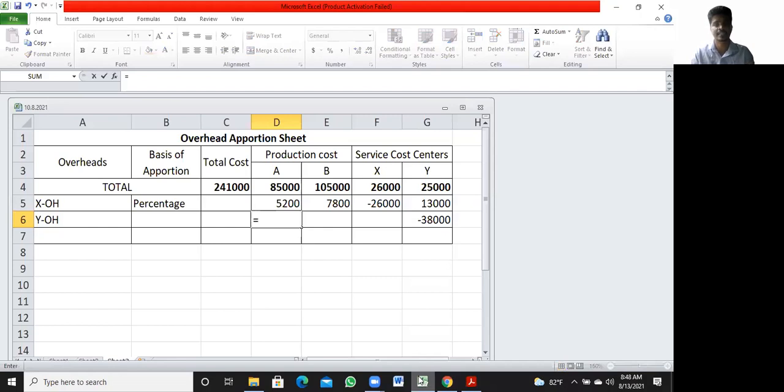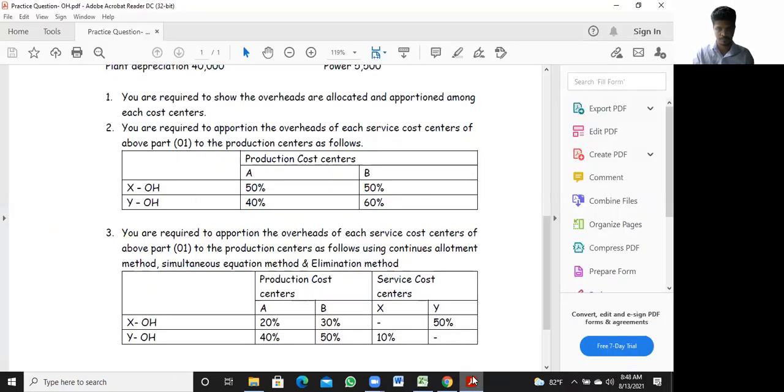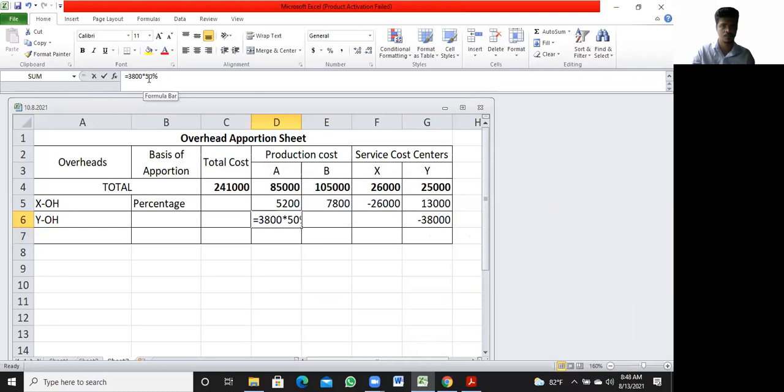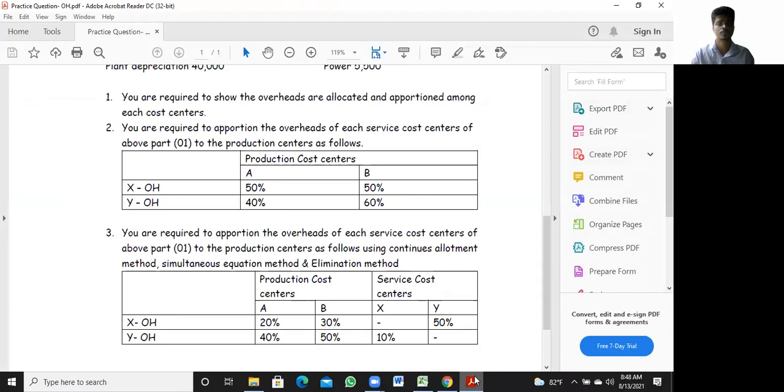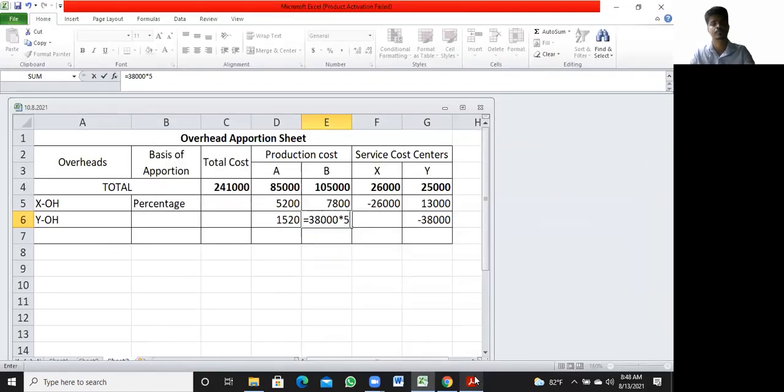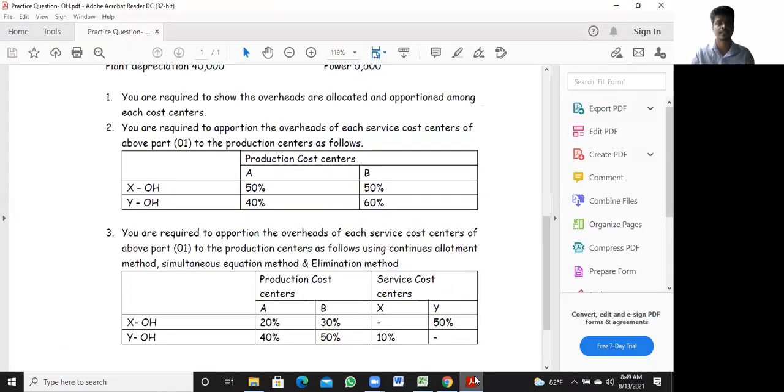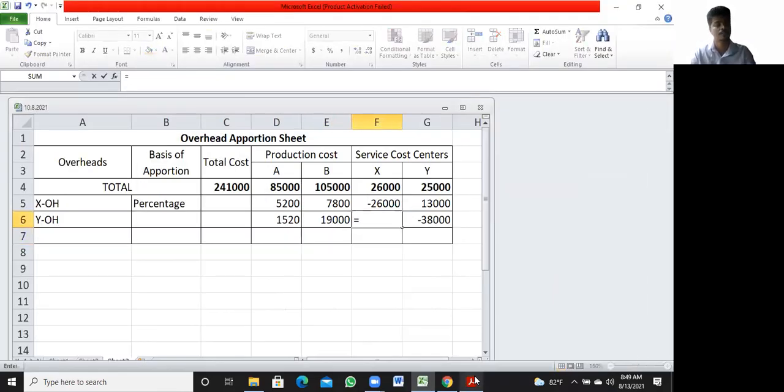So 38,000 into 40%, 38,000 into 50%, and for X, 10%, 38,000 into 10%.